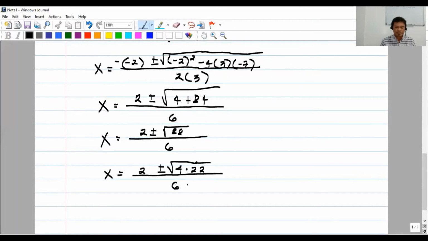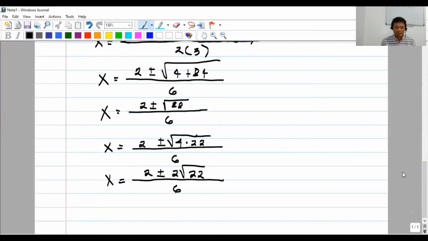So we have 2 plus minus the square root of 4, which is 2, and the square root of 22, all over 6. We bring out the common factor of these two terms, which is 2.